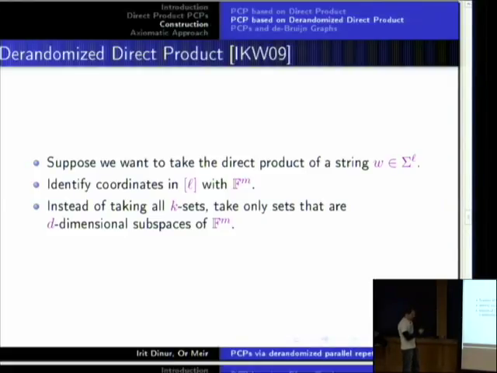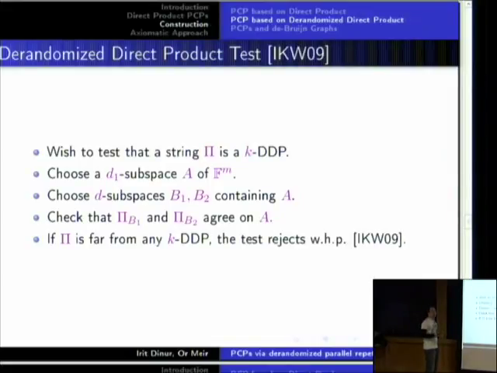Okay, so now how do we do a direct product test of this direct product? Well, we do just the same as the original direct product test, but we replace each occurrence of the word set with the word subspace. So we choose two random D-dimensional subspaces under the restriction that they intersect on some D1 dimensional subspace.